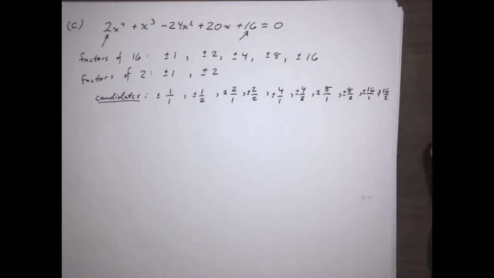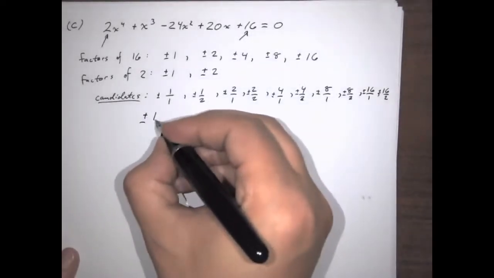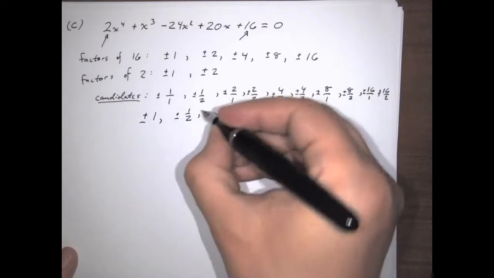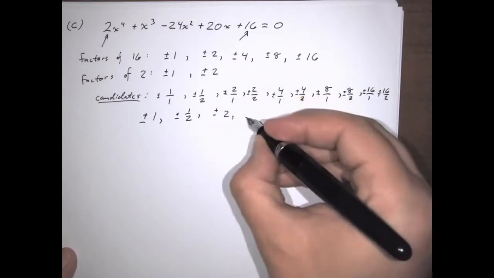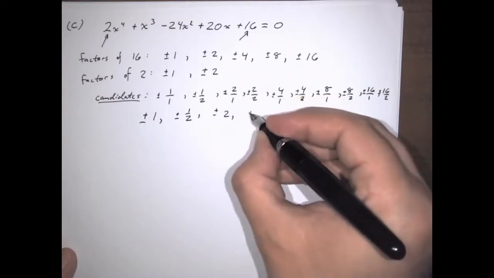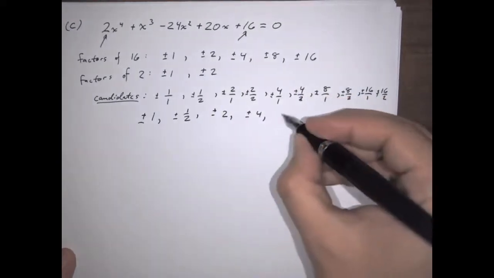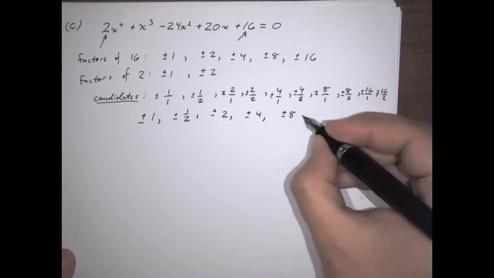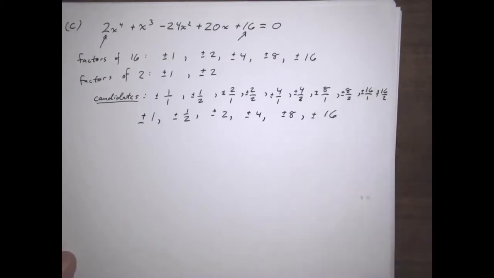But that has a lot of redundancy. So if we simplify it all down, really what we're talking about is plus minus 1 half, plus minus 2, that's just going to be a copy of 1, so that's fine. Plus minus 4, that's going to be just another copy of 2, plus minus 8, that's just going to be another copy of 4, and then plus minus 16.